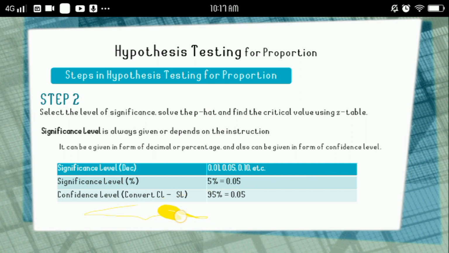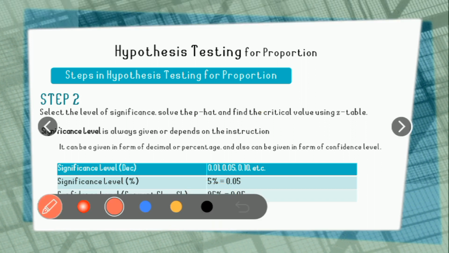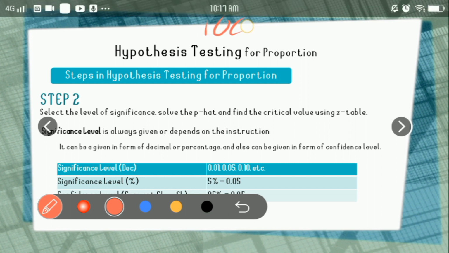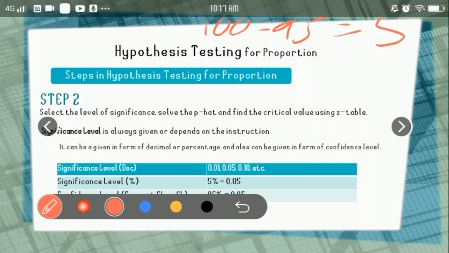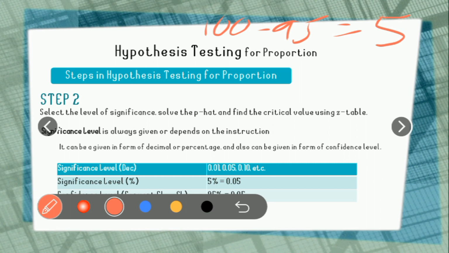So, yung 95%, i-minus natin siya sa 100%. So, 100% minus 95% is equal to 5%.